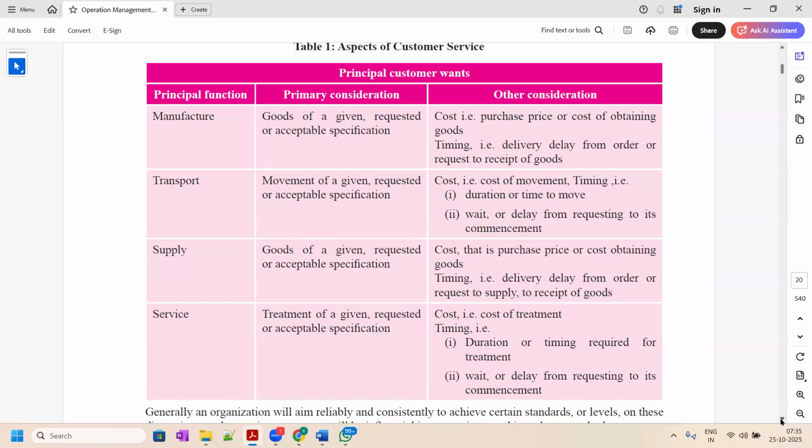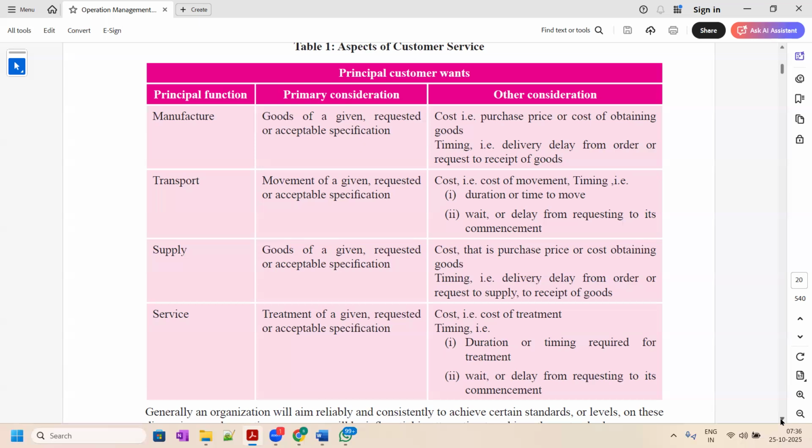If you go to have food in some outlets, it is written that the food is of this standard. Some halal standards, some standards are given. Whenever you buy any kind of product, you are looking for specifications, and the goods should meet the required specification. The other parameters here are costing and timing.